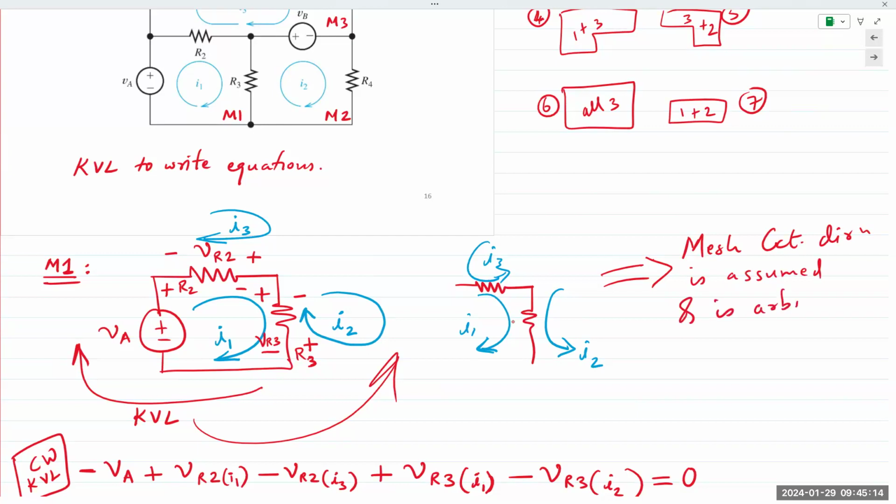And is arbitrary. It does not matter in the sense it's not correct.